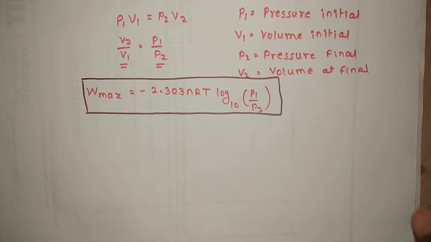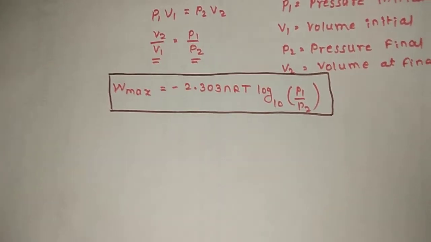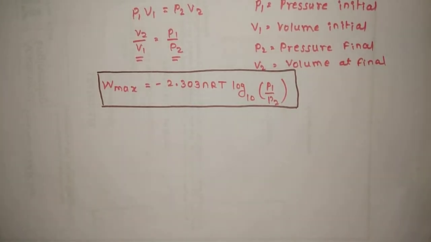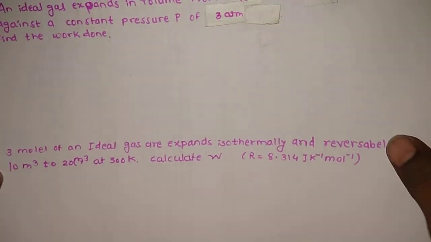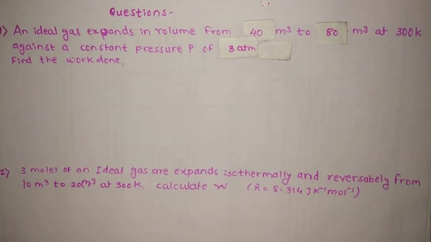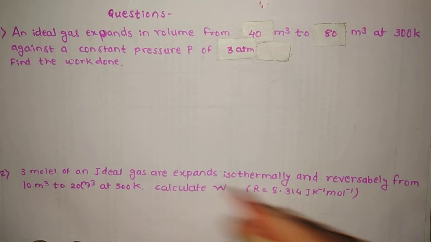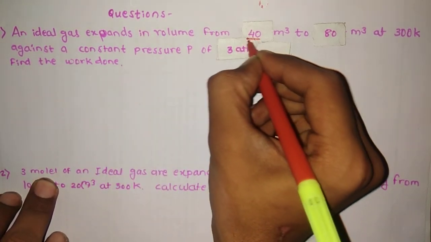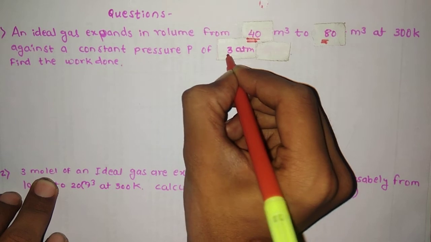Depending upon this, we are going to solve some questions. An ideal gas expands in volume from 40 meter cube to 80 meter cube at 300 Kelvin against a constant pressure P of 3. Now find the work. In this question, the initial volume is given, the final volume is given, and the pressure is also given.